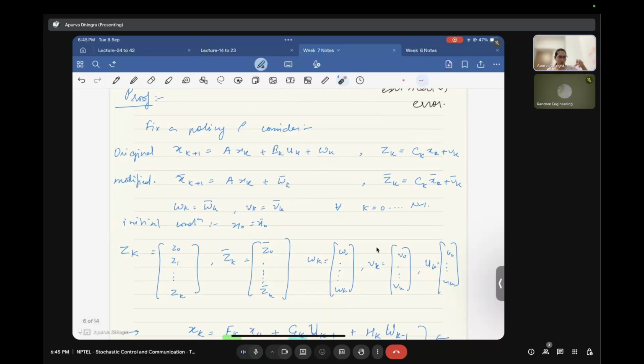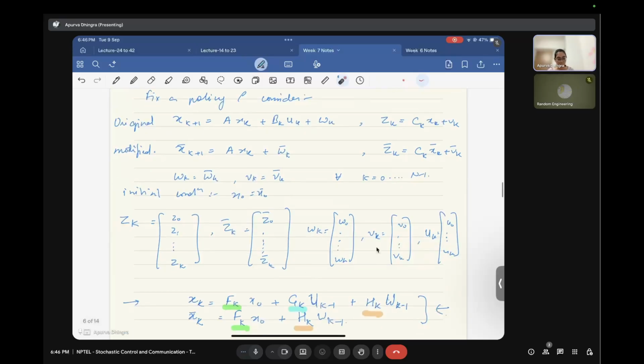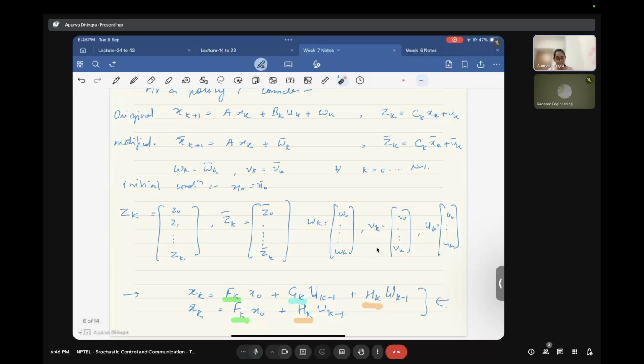So let's say we're writing all of them as vectors. The observations starting from 0 till k could be written as some capital Z k. For the modified game, let's just call it Z bar k. These are the noise terms, and this is the action. Because of this recursive nature, we can write x k as some matrix that is applied only on the initial state.